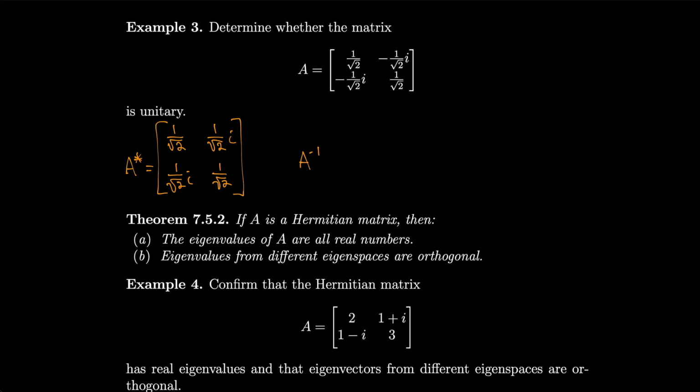And then we turn these into pluses and we swap these, but they're the same. So A inverse will be equal to 1 over rad 2, 1 over rad 2 i, 1 over rad 2 i, 1 over rad 2. They equal each other, so yes, A is unitary.